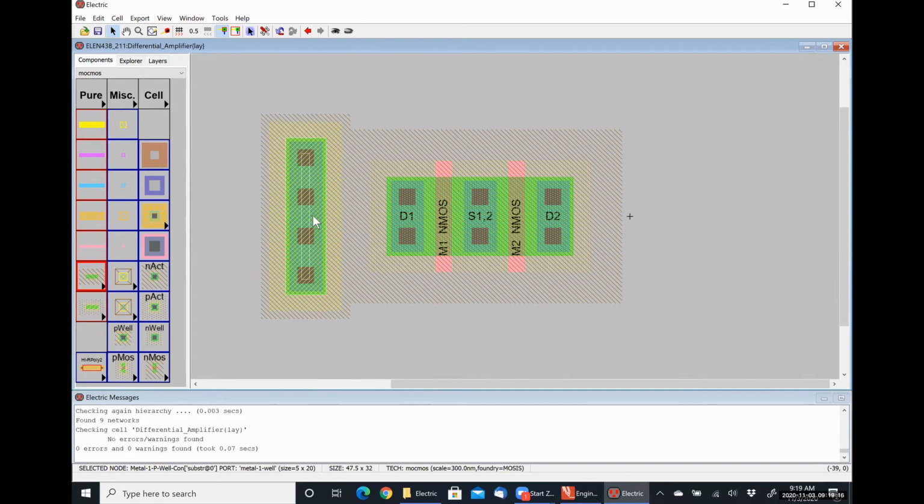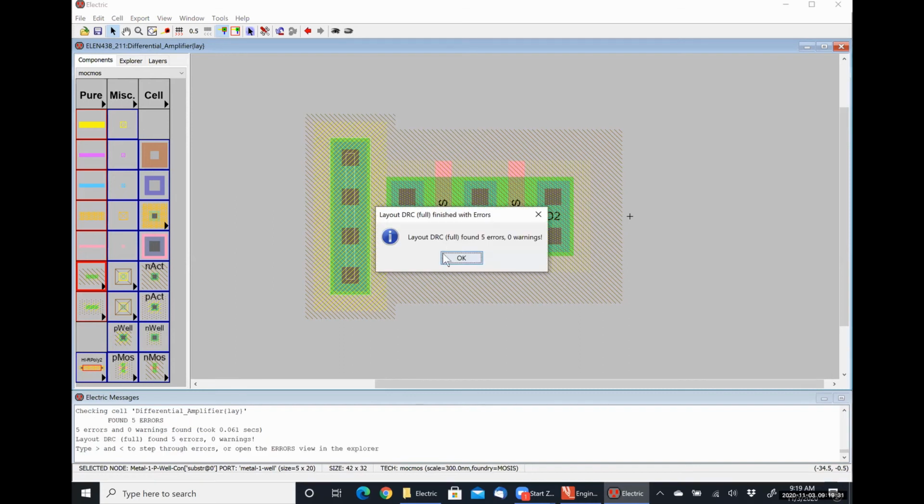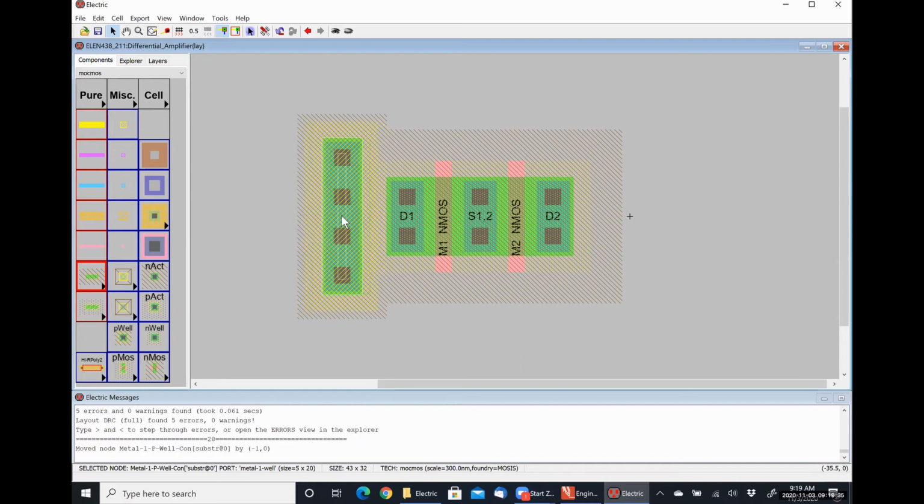Let's see how close I can get without causing an error. Still no errors. This is saying it's going to give me an error. Let's see. Okay, it does give me an error. Still no errors.